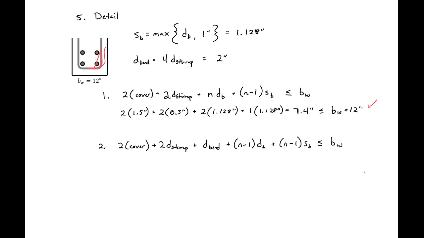So for our second check, we have 2 times our cover plus 2 times our stirrup diameter plus the diameter of our bend plus n minus 1 times the diameter of our longitudinal bars plus n minus 1 times the diameter of our longitudinal bars, which will equal 8.3 inches, which is again less than our bw, equal to 12 inches.